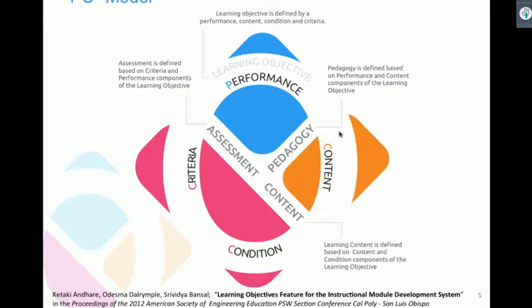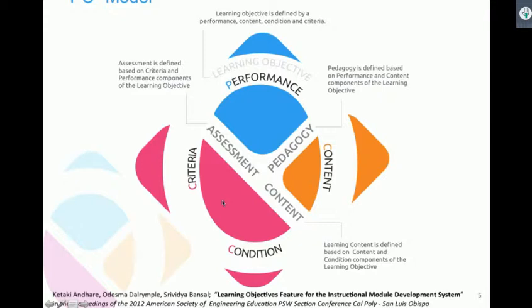For each learning objective, there is a corresponding content, and a corresponding condition, the conditions under which the learning happens. And then there is a criteria, the assessment criteria based on which we know that they are indeed able to perform those actions. So the learning objective is divided into these 4 parts.